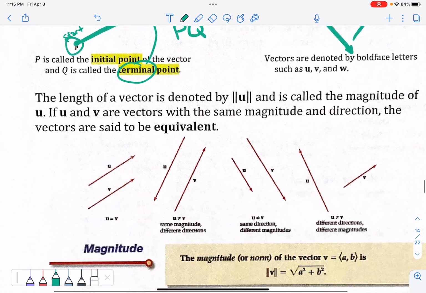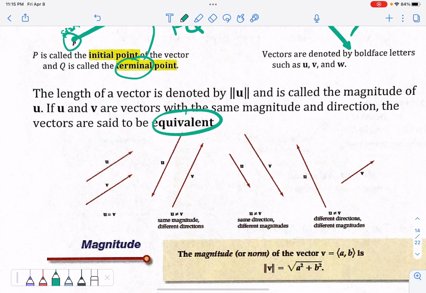All right, so let's talk about something called equivalent vectors, and you have two important measurements for vectors. The first measurement is something called the magnitude, and this is like the force, or sometimes they'll use velocity. This is the force or the speed that I'm throwing the thing that I'm throwing, right?